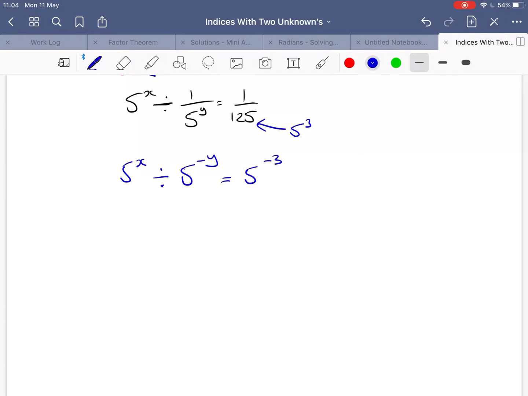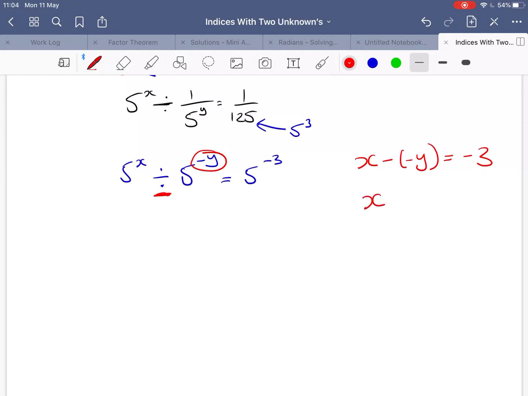So what's this other equation that we've created? Right, now be careful. What do I do with powers when I divide? I take away. So I've got x take away minus y equals minus 3. And again, I'm going to tidy that up. I don't like taking away negatives.